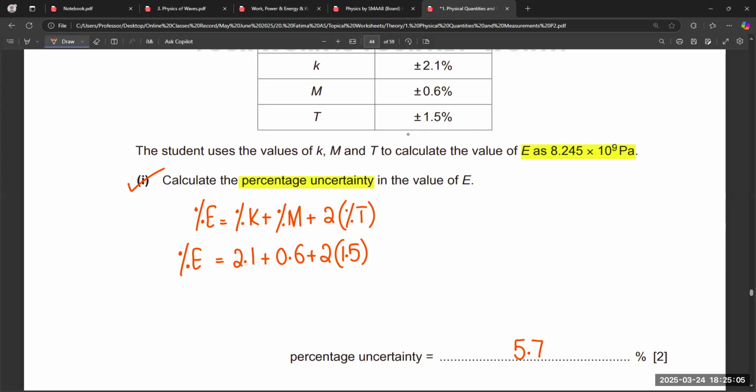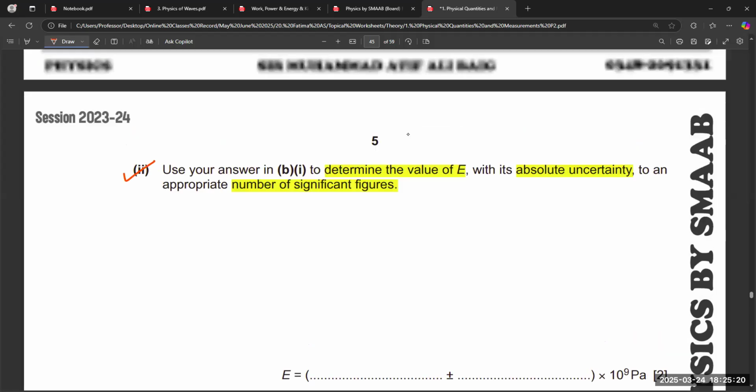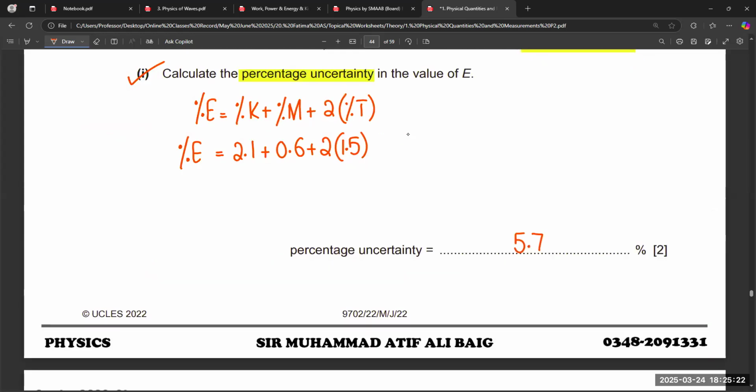Now in the next part, we have the absolute uncertainty of E with an appropriate number of significant figures. So basically we know that we have 5.7% uncertainty from the original value.